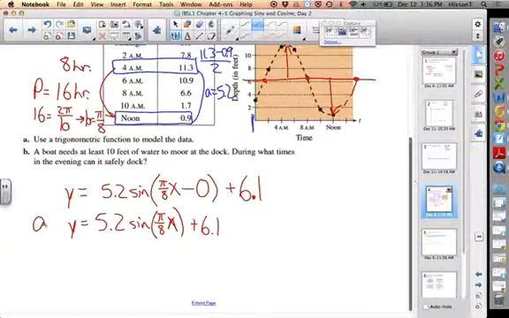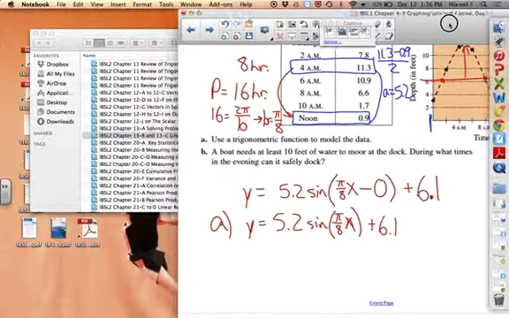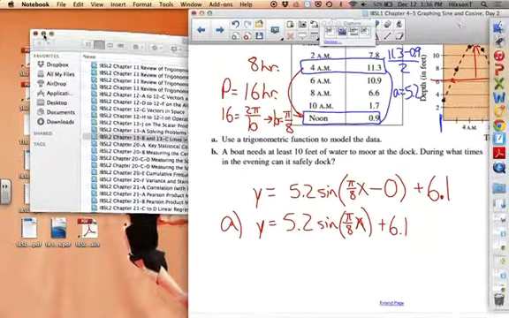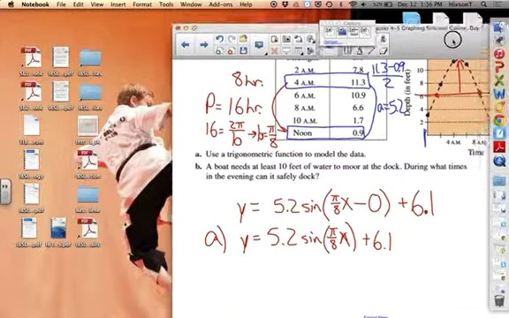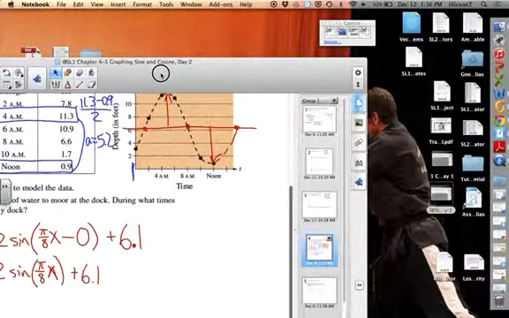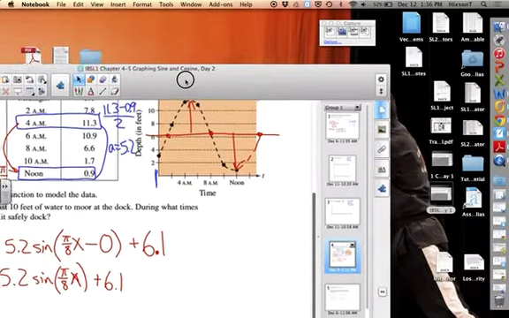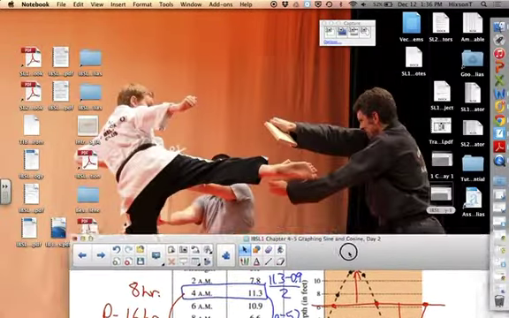So here's part A. We've got our model, and if we then use that, we can actually find depths at different times, okay? Where did I put my calculator? Where did I put the calculator?